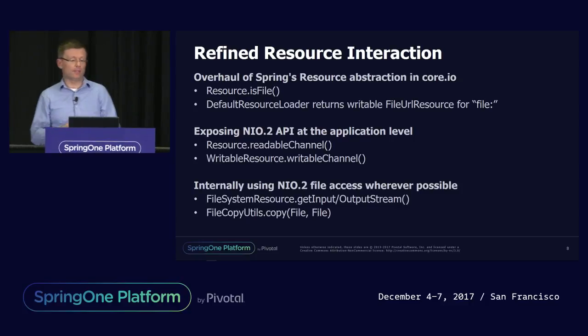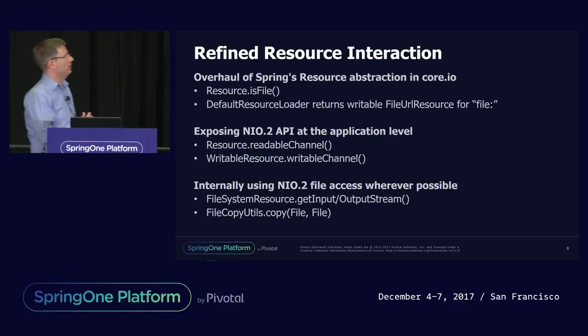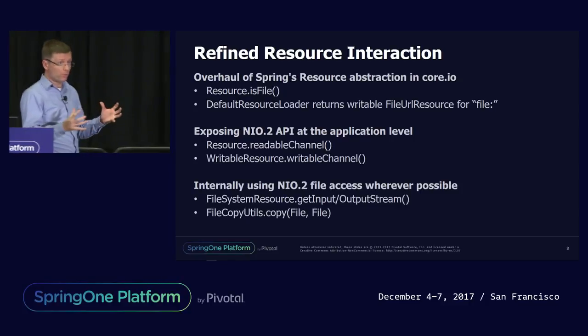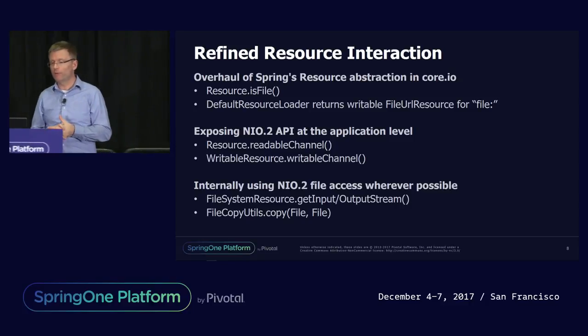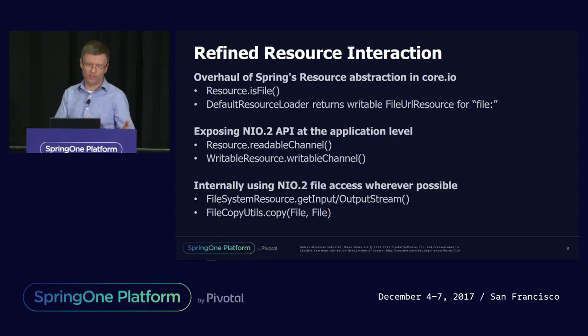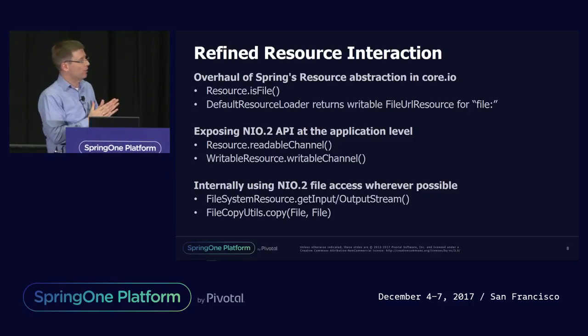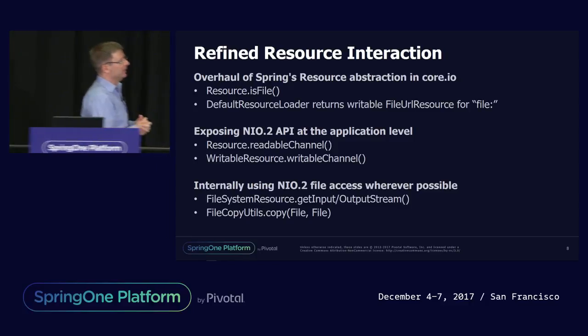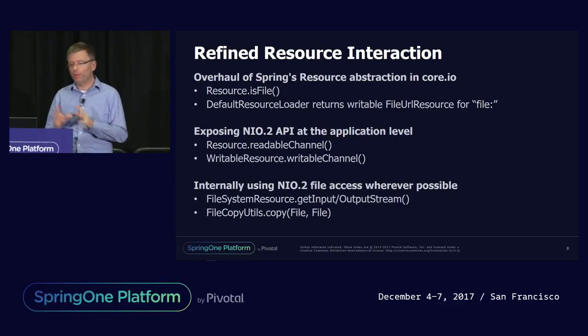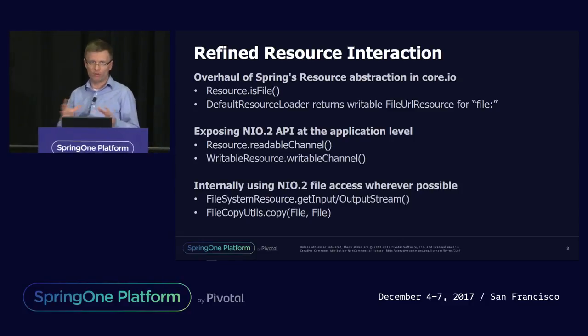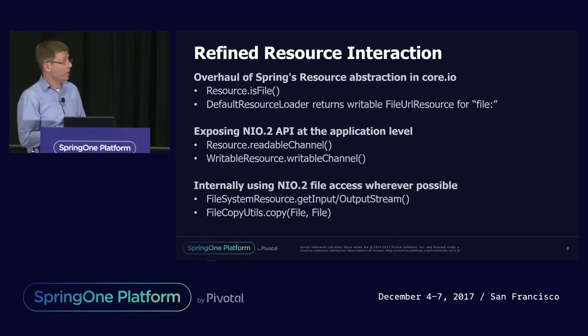We improved some of the rules for when you would get a writable resource back. So generally, file references in the local file system are now actually returning a writable file URL resource that you can actually reliably downcast to a writable resource. So there are a few nice refinements for consistent usage of the resource abstraction.